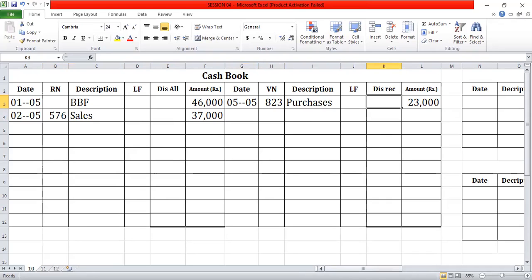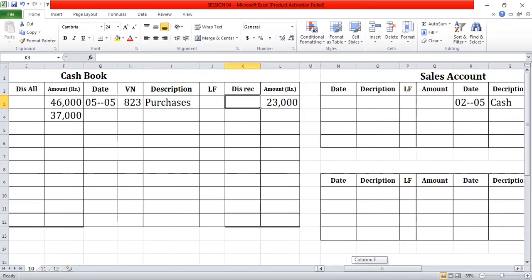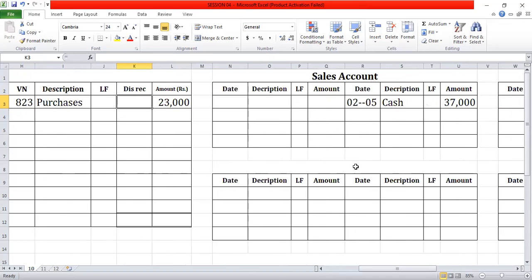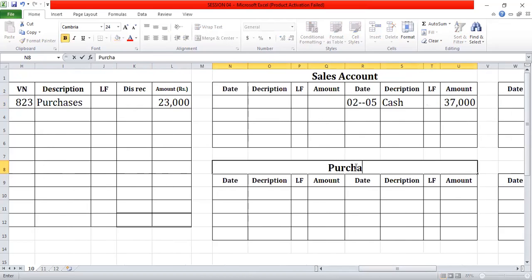And on the same day, we have to open our next account for the purchases account. Purchases is an expense. Right?